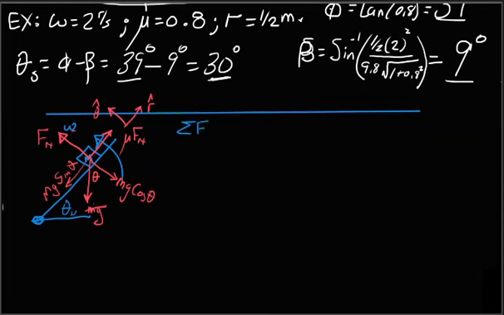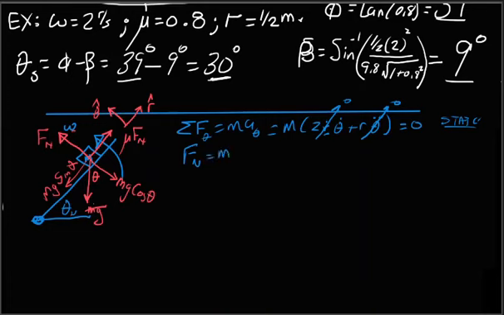Sum of the forces in the theta direction is m a theta, which will be m times 2 r dot theta dot plus r theta double dot. It's moving with constant omega, so that's 0. It's not slipping yet, so r dot is 0. So again, we see it's a static case, in which case we know that Fn is simply mg cos of theta, just like before.